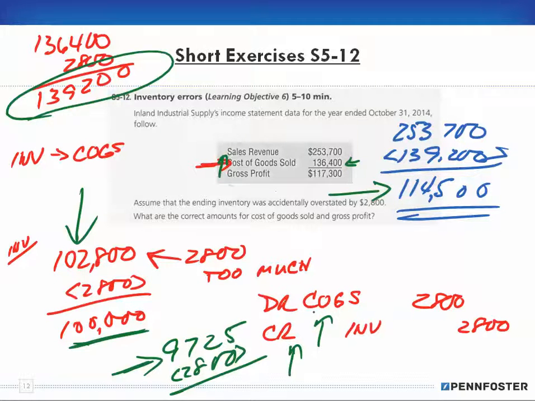And when I make that journal entry and I post it to my ledger accounts, remember these are ledger accounts right here, this is a ledger account and this is a ledger account, so when I post it to my ledger account, that's going to change that balance, and this is then the effect of that change. All right, hopefully you got that. If not, pause the video, go back and watch it again, and if you still don't understand it, feel free to contact an instructor.